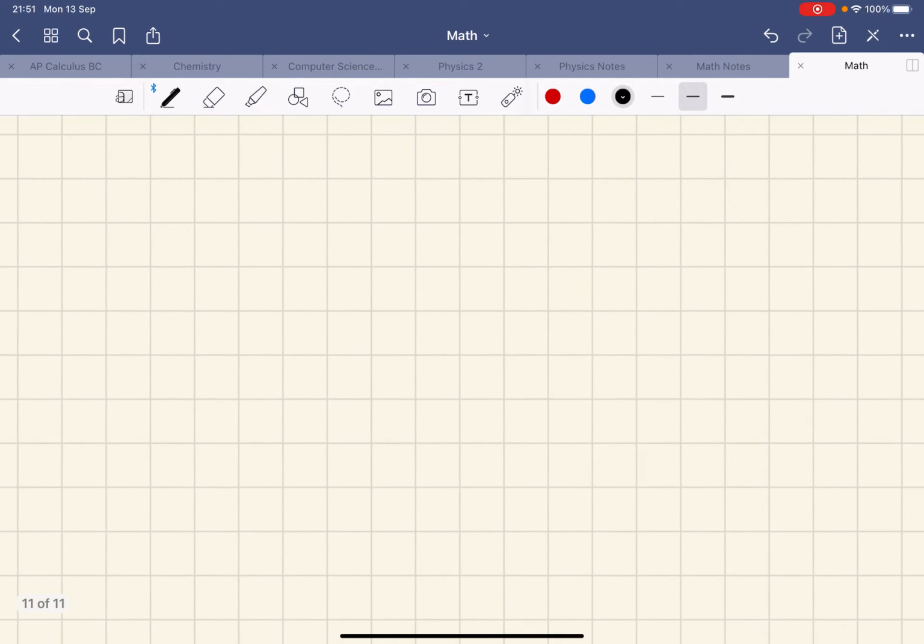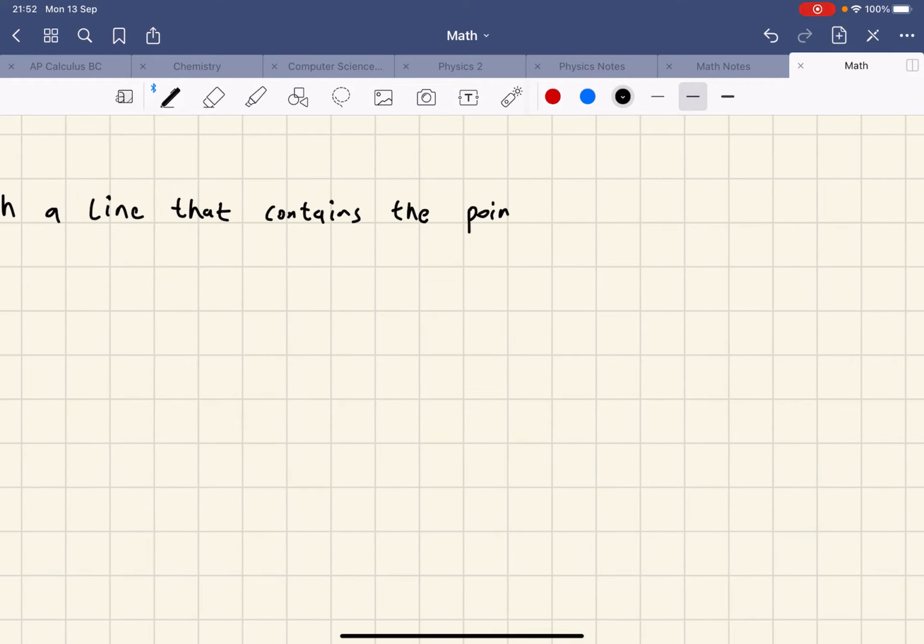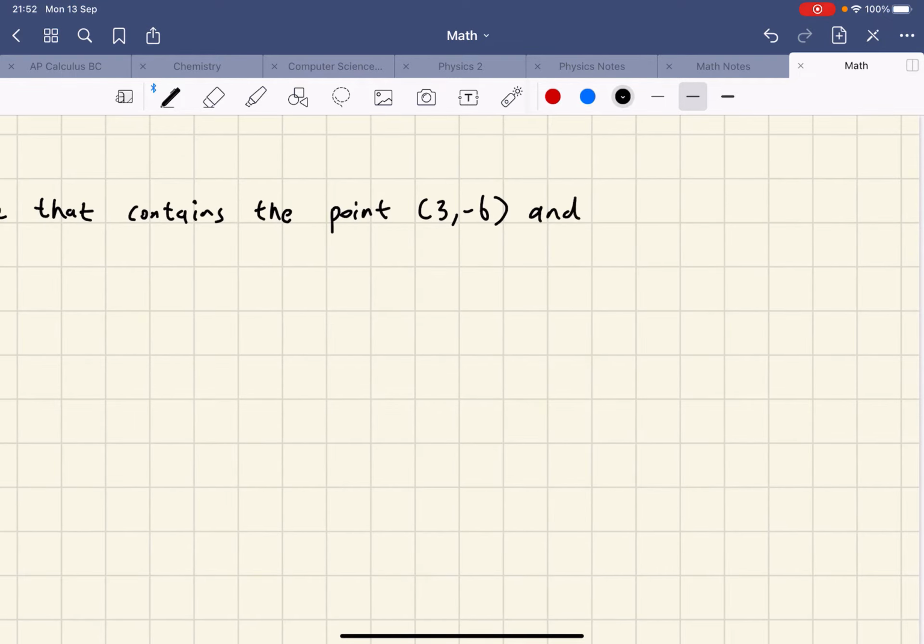Let's do graphing from slope. Graph a line that contains the point (3, -6) and a slope of negative 1 over 2.